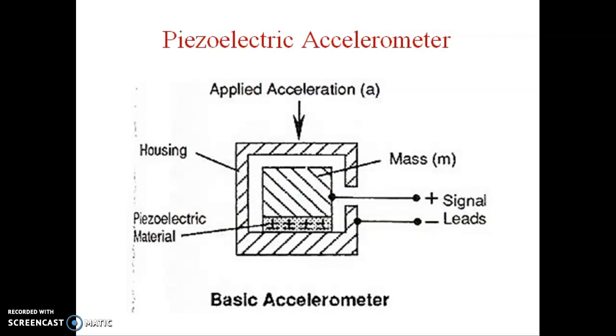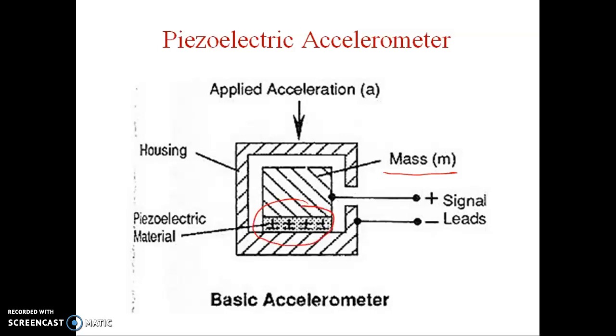Another type of accelerometer is a piezoelectric accelerometer. In this, the working principle is the same, but for measuring the displacement of the seismic mass, in the earlier case we were using an electromagnetic device, but here we are using piezoelectric material.